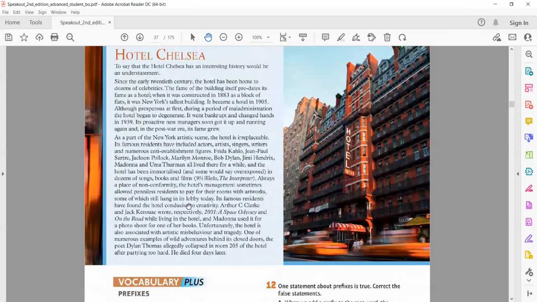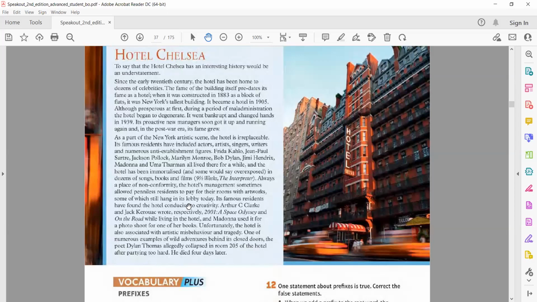Frida Kahlo, Jean-Paul Sartre, Jackson Pollock, Marilyn Monroe, Bob Dylan, Jimi Hendrix, Madonna, and Uma Thurman all lived there for a while, and the hotel has been immortalized, and some would say overexposed, in dozens of songs, books, and films.